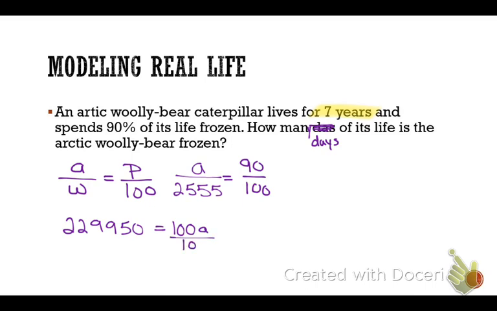Divide both sides by 100. And it's 2,299.5. That's a lot.